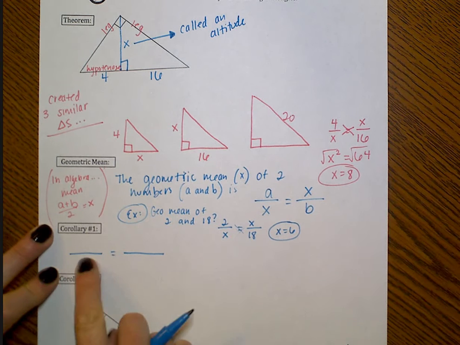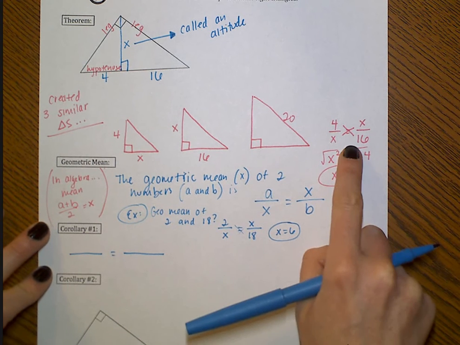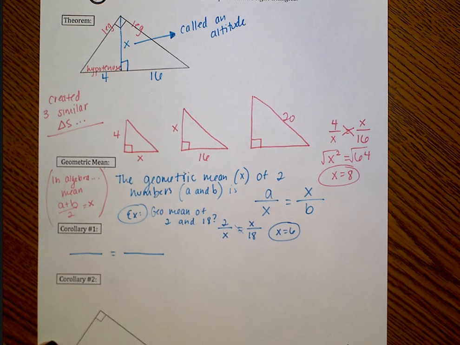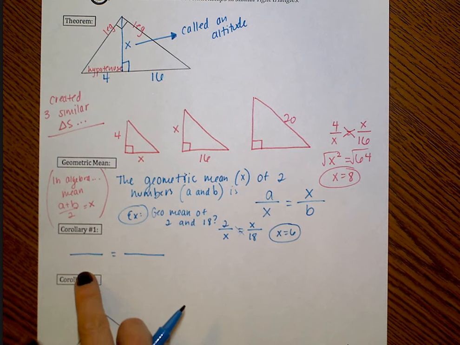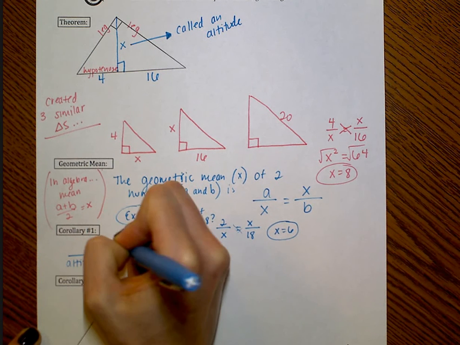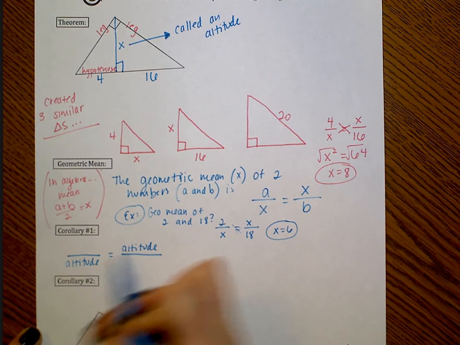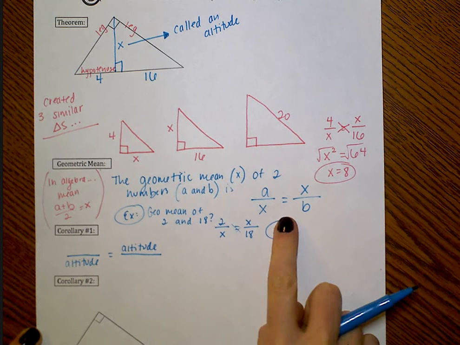So here's a shortcut for setting up the proportion that we got on the first example here. If you have a proportion here and you're talking about the altitude, the piece in the middle, the shortcut says the altitude is the geometric mean. So it's the number that you put on this one diagonal here, like I did up here.